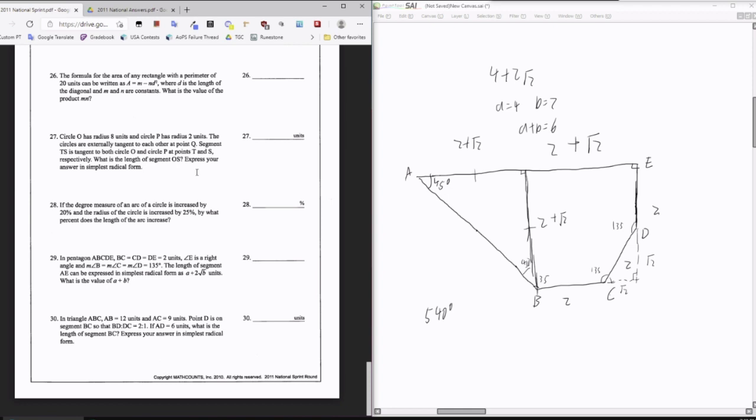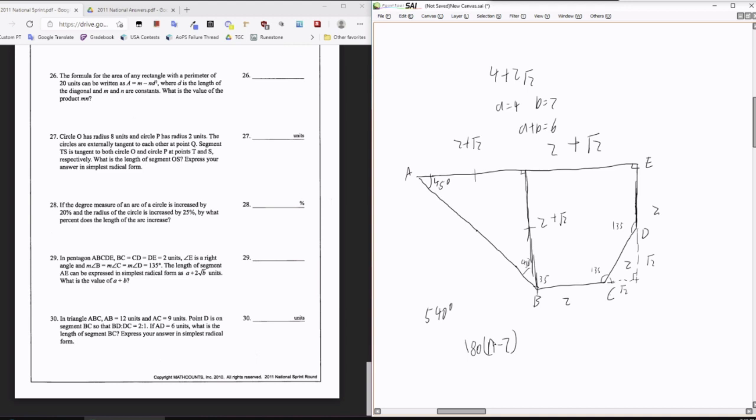It doesn't matter whether the polygon is regular or not. Obviously our pentagon was not regular in this case, so you can apply this whenever. It doesn't have to be a regular polygon.